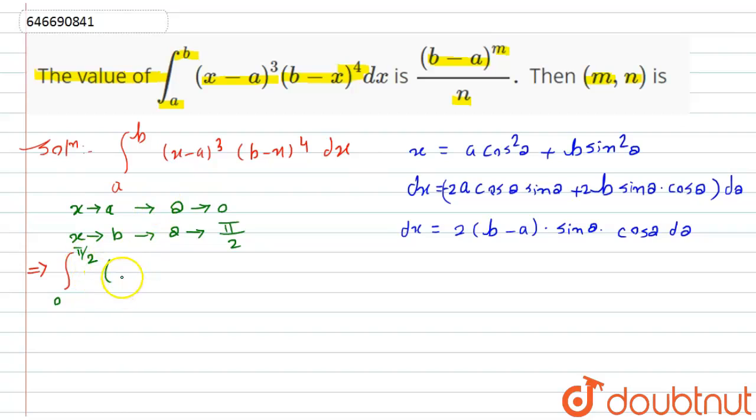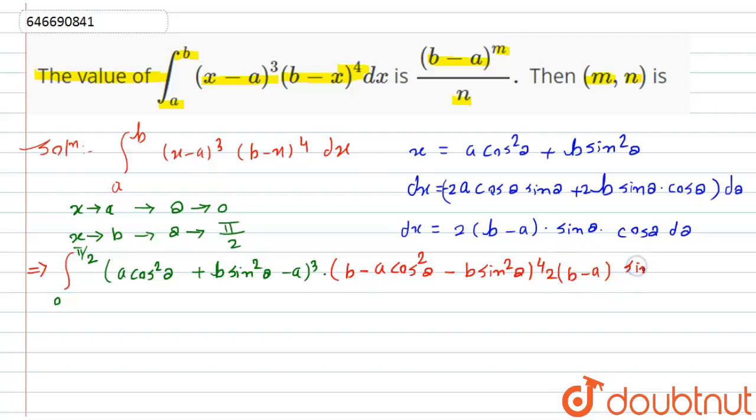In the place of x we put a cos square theta plus b sin square theta, minus a, that bracket cube, into, in the second bracket, b minus a cos square theta minus b sin square theta, that bracket raised to 4, and in the place of dx we put 2 into (b minus a) sin theta cos theta d theta.